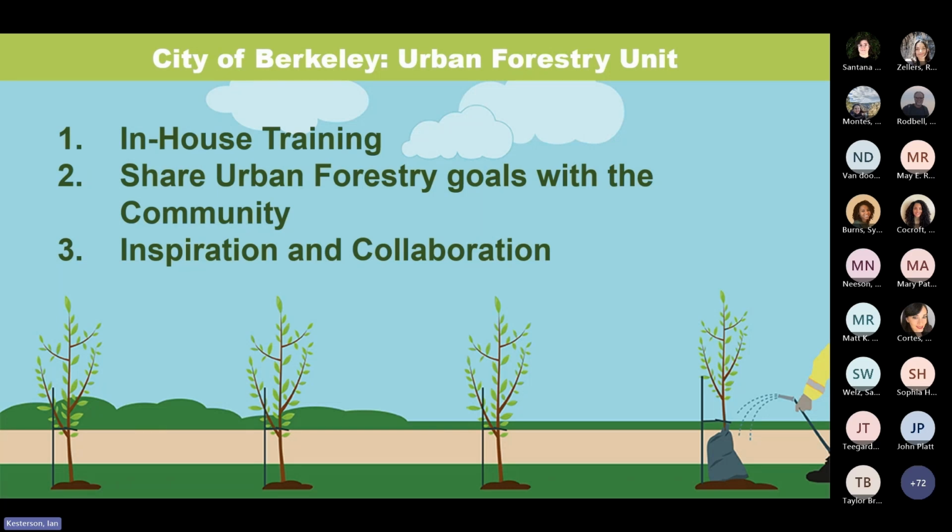I use this mostly to share understanding of the urban forest and our goals with our community, with all of our stakeholders and user groups, and usually specifically with an individual requester of a new tree. And I use it personally and with colleagues for inspiration and collaboration. So we'll work through this.